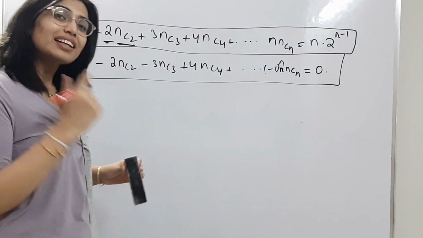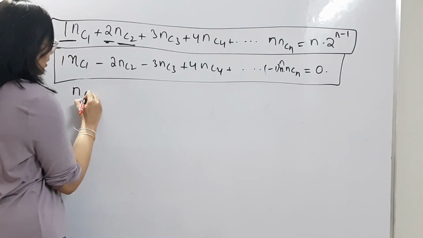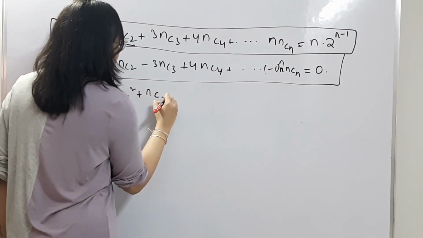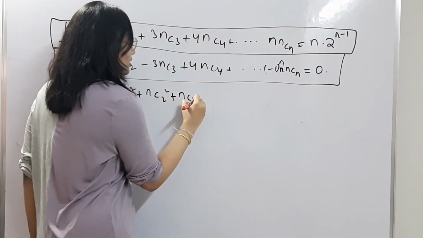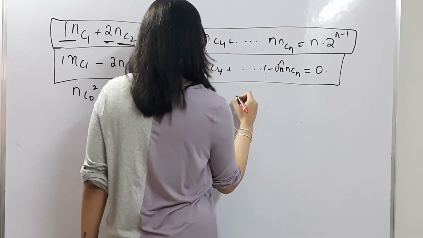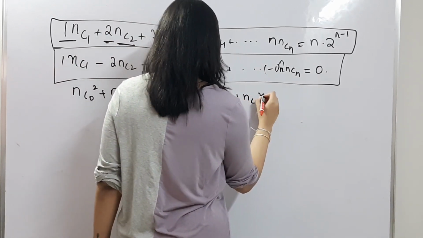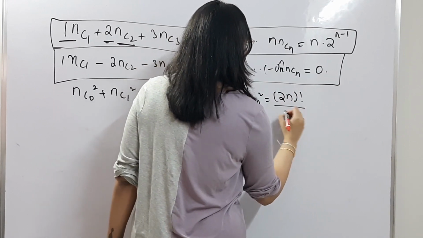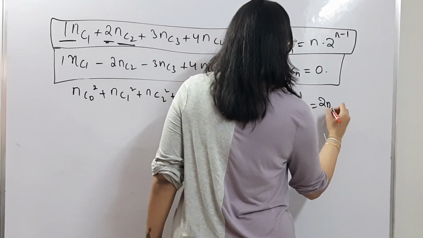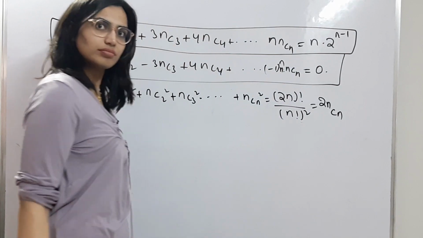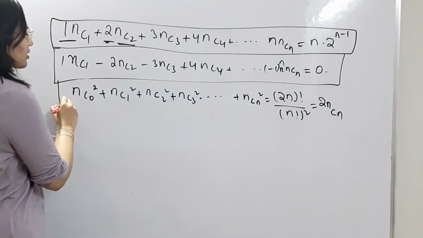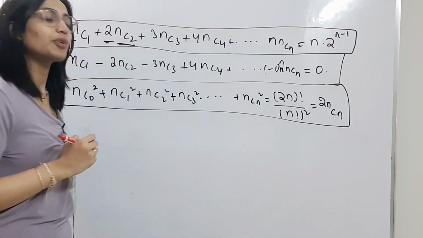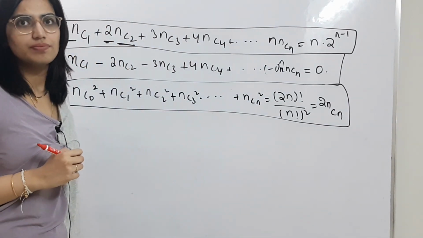Now another property is NC0 square plus NC1 square plus NC2 square plus NC3 square and so on up to NCn square. We get this as 2n factorial by n factorial whole square, which is 2nCn. This also is another important property that you need to remember on binomial coefficients.